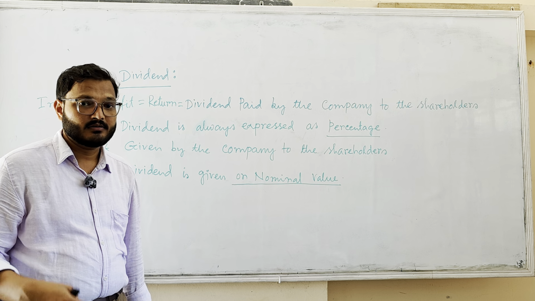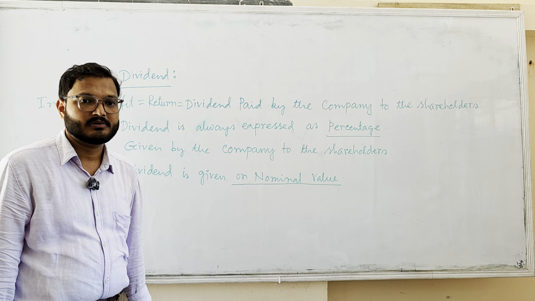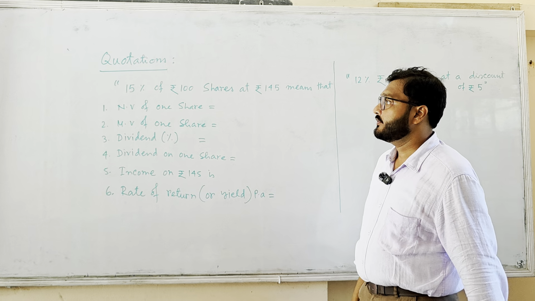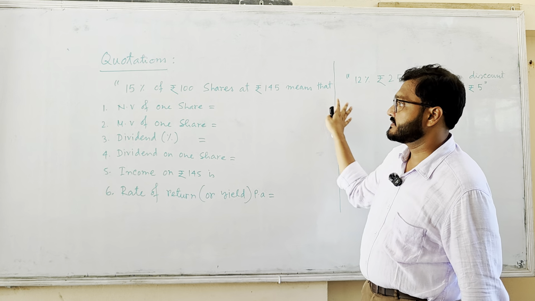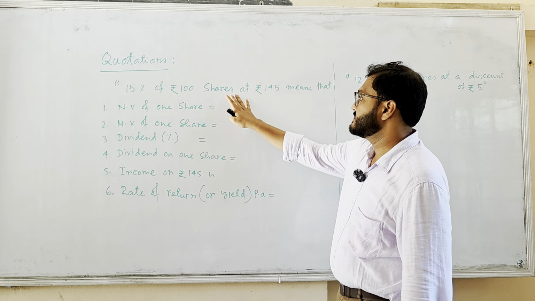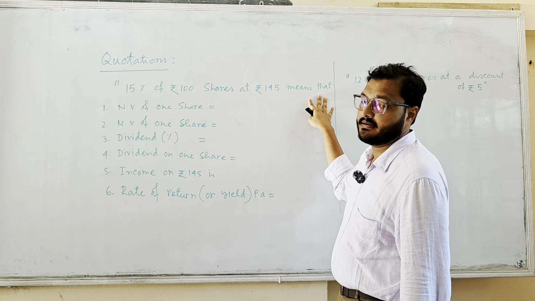To solve word problems we need to understand some quotations. So let's start. Here I wrote two quotations. 15% of rupees 100 shares at rupees 145. What does it mean?